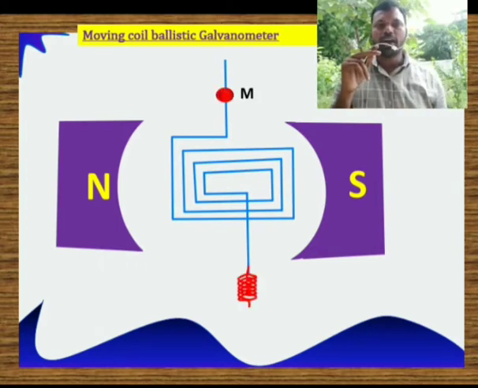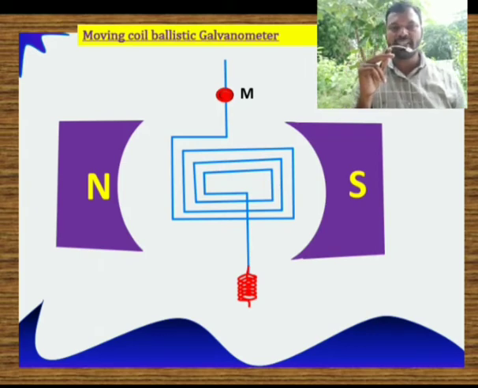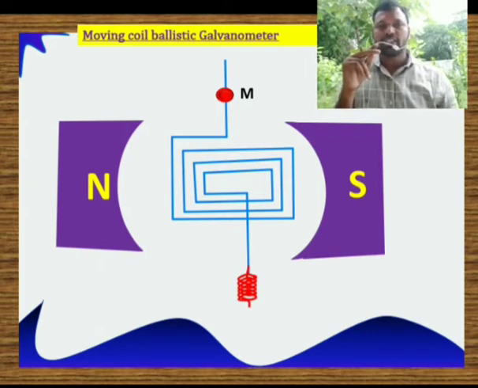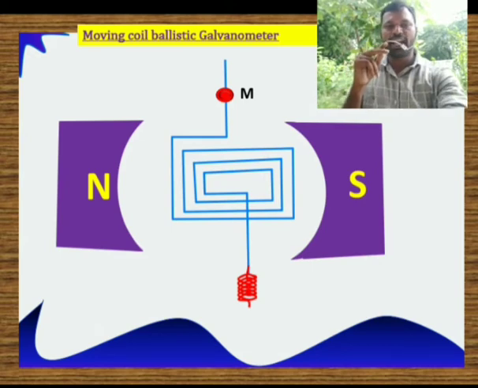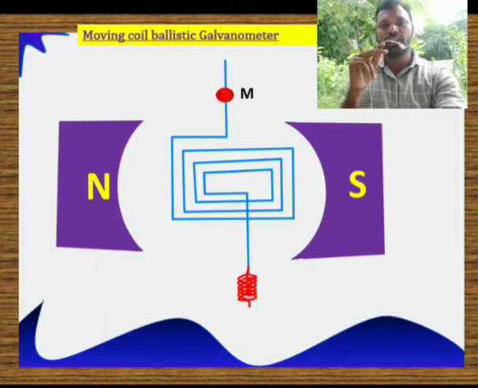The top side of the rectangular coil is connected with a mirror and the bottom side is connected with a spring. The spring generates restoring force and the mirror helps you measure the deflection. The mirror is connected with a lamp scale arrangement, but we cannot show it here. I will show it later.